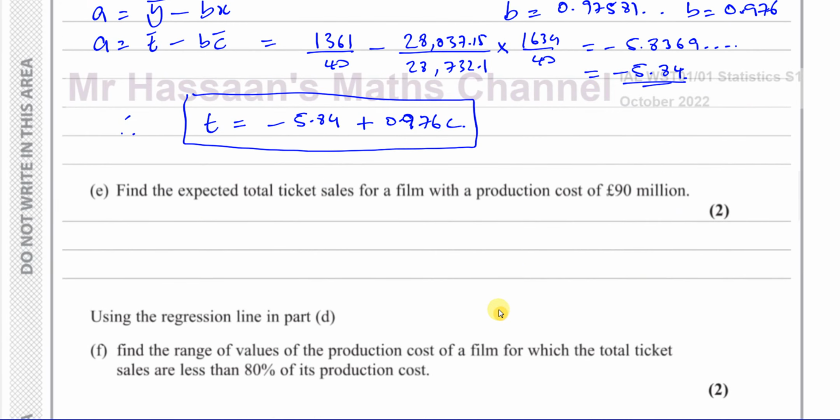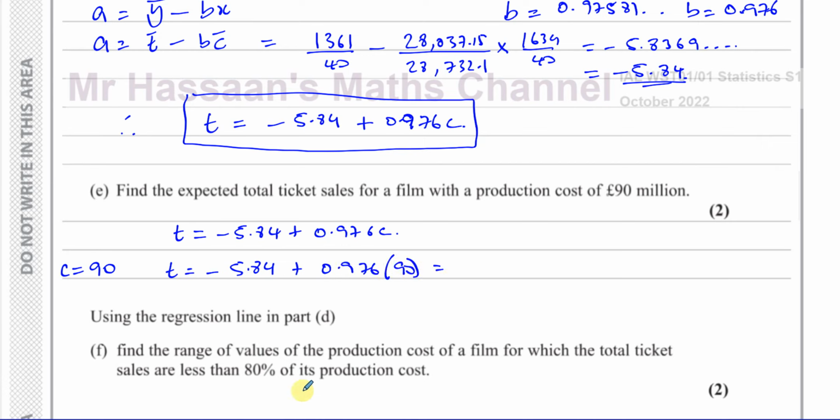And now it says, find the expected total ticket sales for a film with a production cost of 90 million. So we know that our formula is T equals minus 5.84 plus 0.976 times C. Here we say the cost is equal to 90 million. Now C is in terms of millions. So you can say that T is equal to minus 5.84 plus 0.976 times 90.